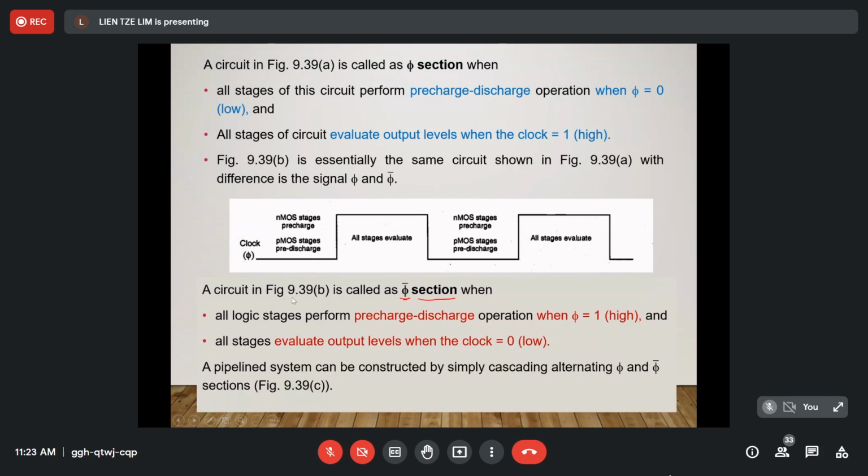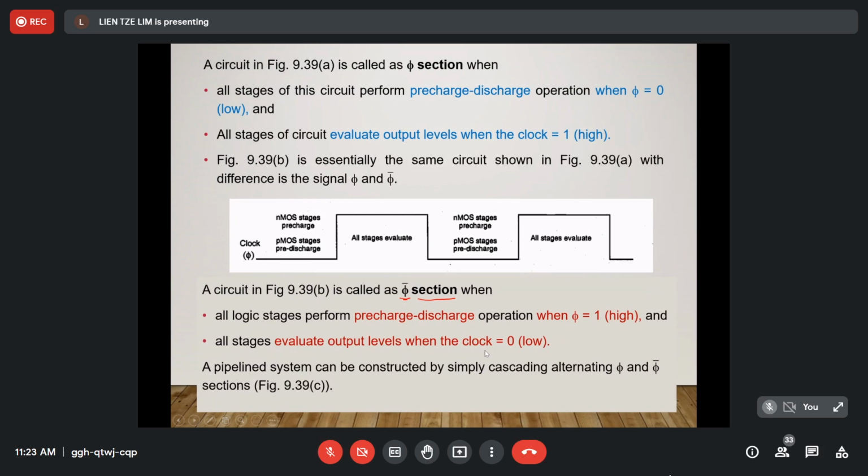So for figure 9.39b, all logic stages perform pre-charge and discharge operations when the clock signal is 1, and all stages evaluate the output level when the clock is low.